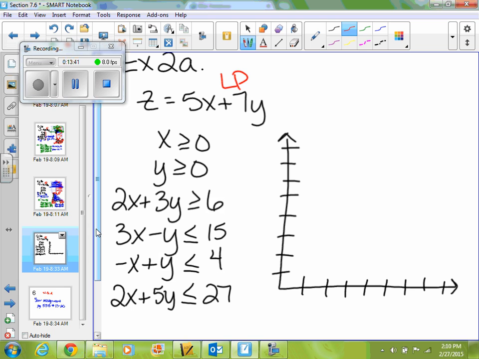Okay, so if I solve this for y, I get y is greater than or equal to 2 minus 2/3 x. If I solve this one for y, I get y is greater than or equal to negative 15 plus 3x.